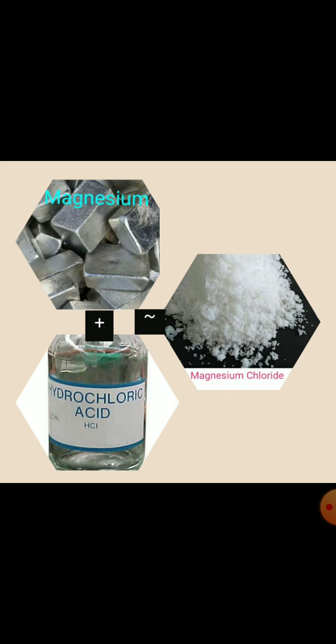How will you see that hydrogen gas is evolved? You will be able to see the bubbles formed in the test tube. So the chemical reaction for this is Mg plus 2HCl gives MgCl2, which is magnesium chloride, plus H2, hydrogen.